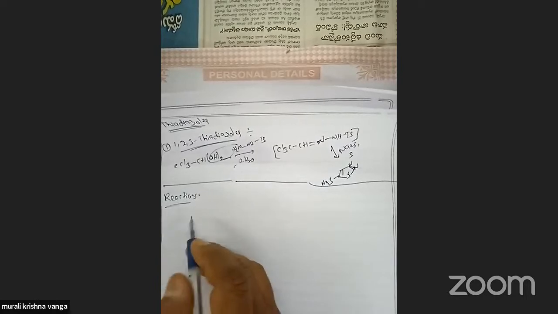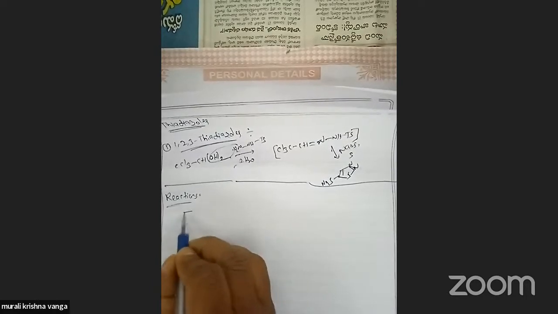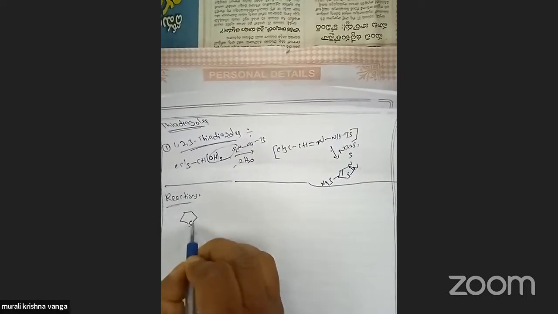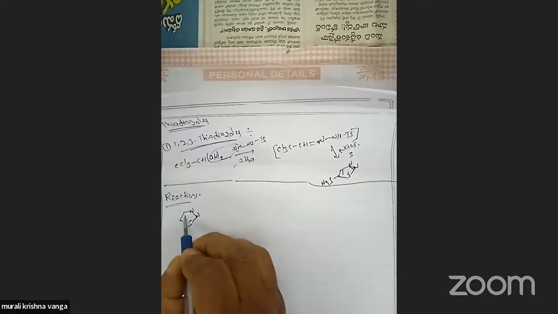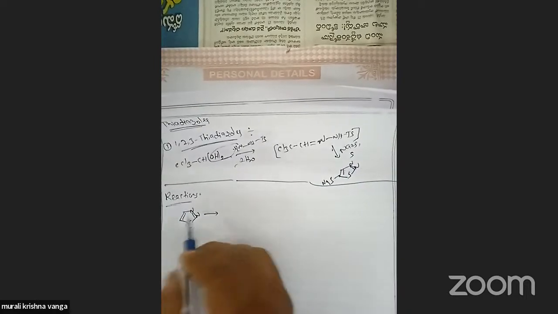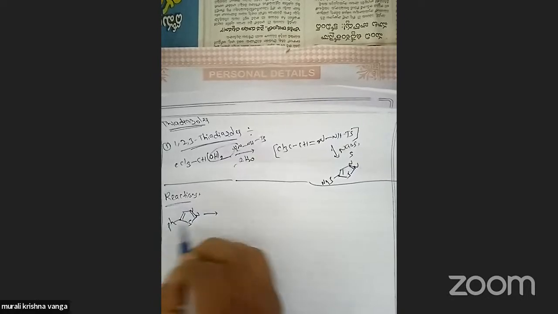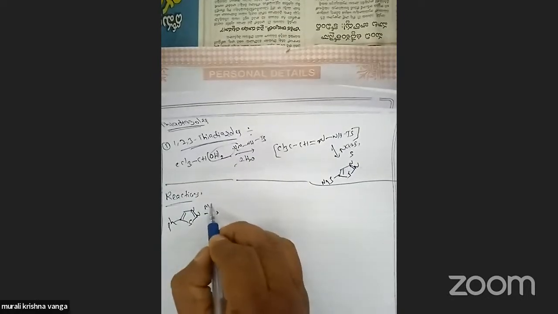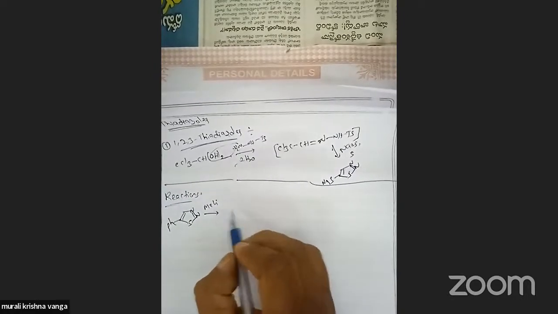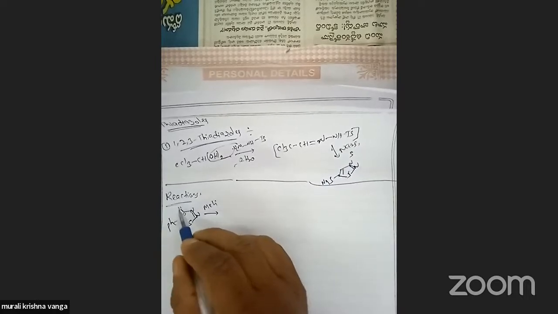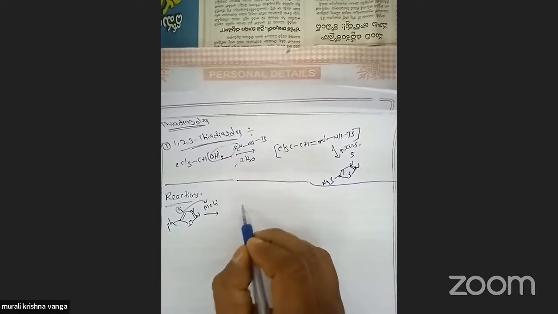Here I have taken a 1, 2, 3 thiadiazole derivative reacting with methyl lithium. So the base abstracts the proton from here.